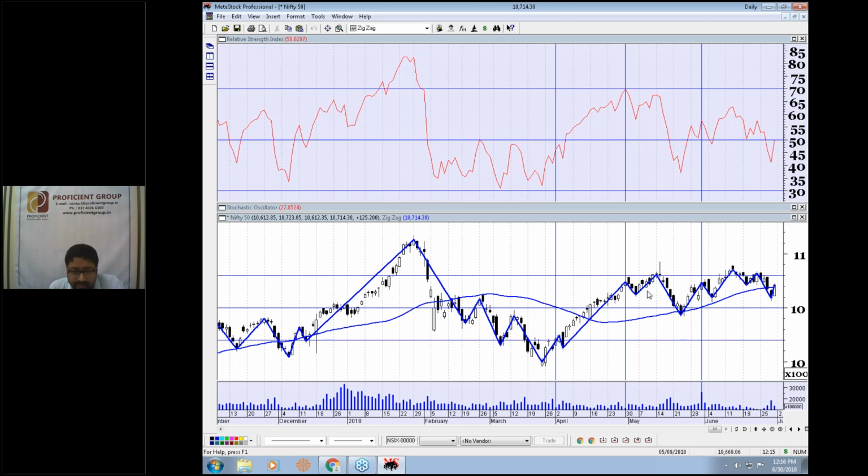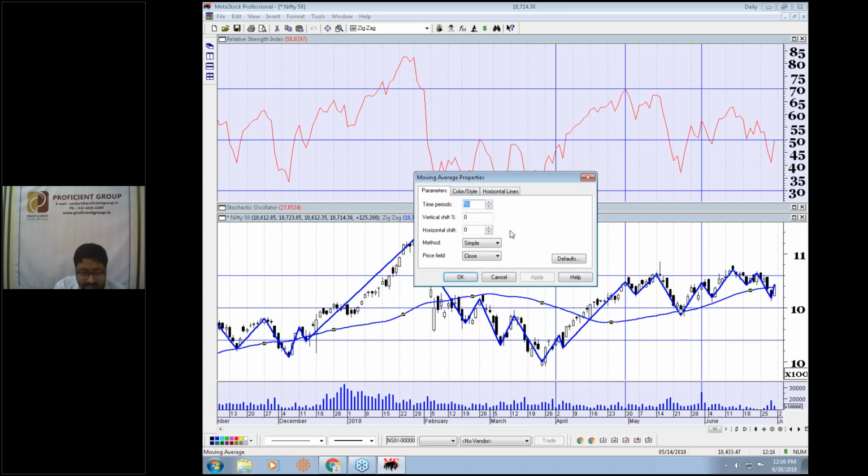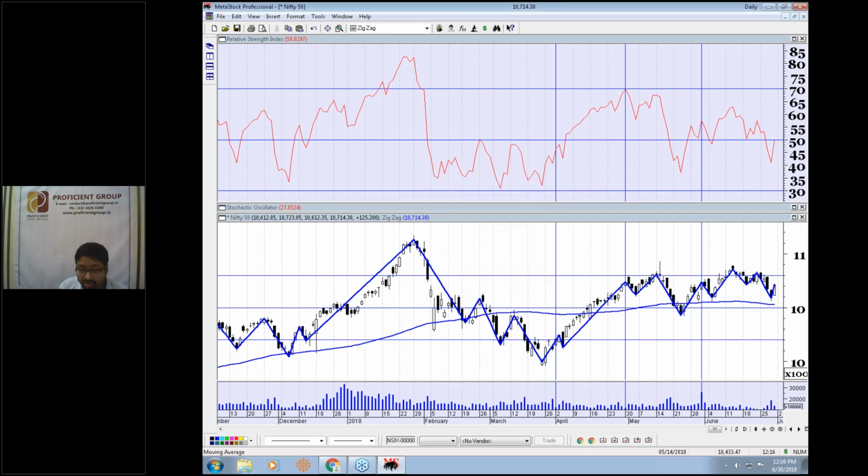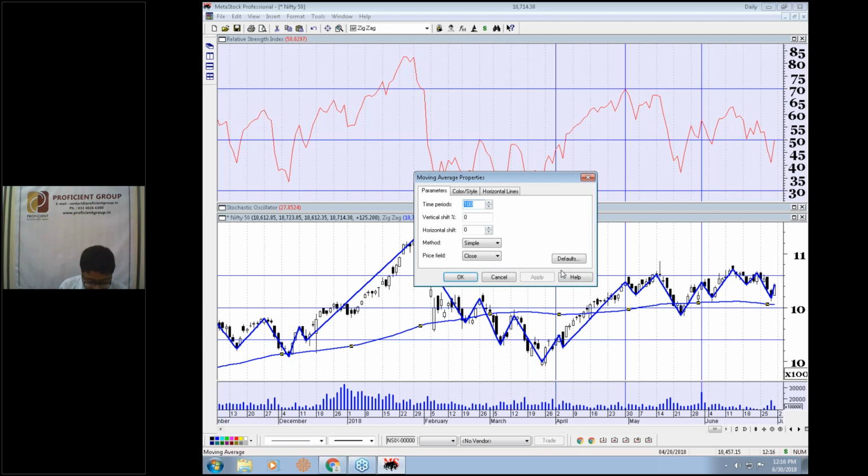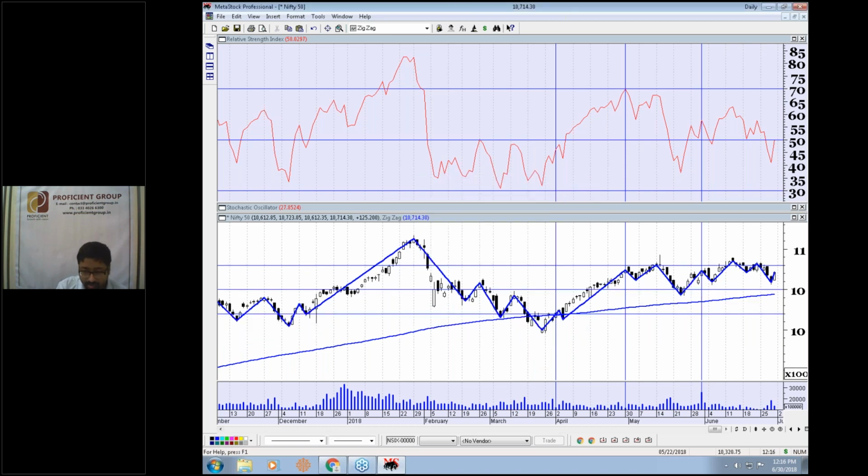Whatever you can see on my screen is the daily chart of Nifty, and in this daily chart I have also plotted the moving average. Let me take a larger value of the moving average, let me make it the 200-day moving average. Here we go. The red one is the 200-day moving average.